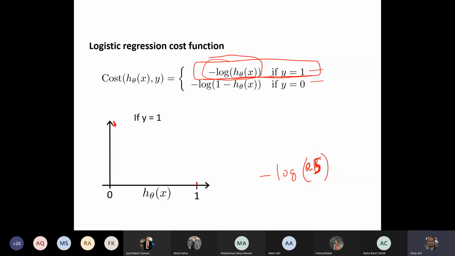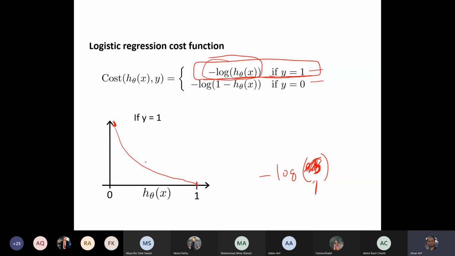If it is natural log, then what will it be? 0.69. Okay, 0.69 maybe somewhere here, and at 1 it is exactly 0. So if I have 1 and you compute the natural log, it is 0. So this is the shape I get, and this is what we want.